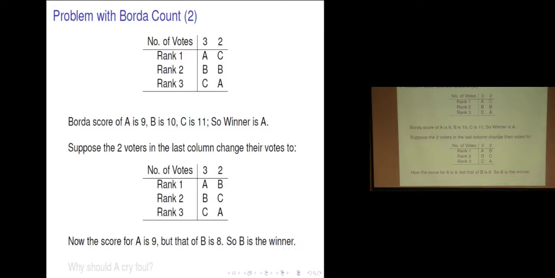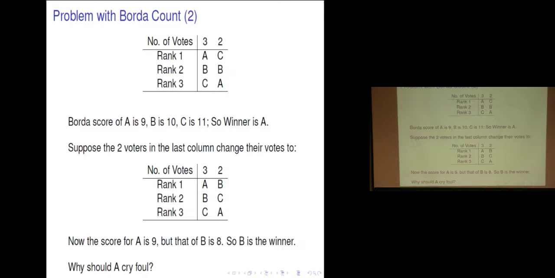So the A is still 9. Nobody changes preference, but B become 8 because in the past you have 4 points comes to here, another 6 points come to here. But if you change the preference, you get 2 points from the last column, so you get only 8. So B is a winner, right? Now, is this a problem?